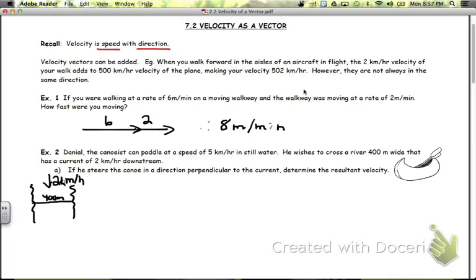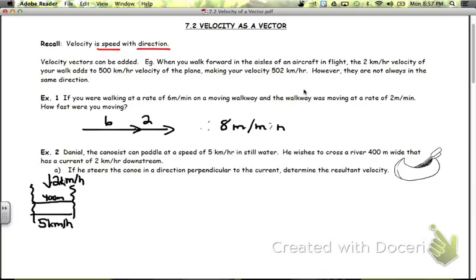We also know that he's going to paddle perpendicular to that current. So he's paddling over here at 5 kilometers per hour. This is just our little visual of the canoeist trying to get across.